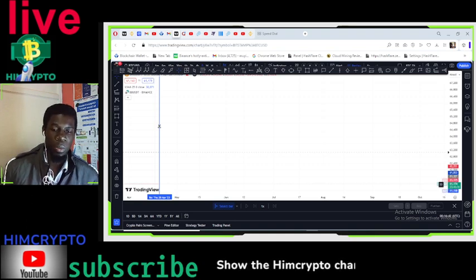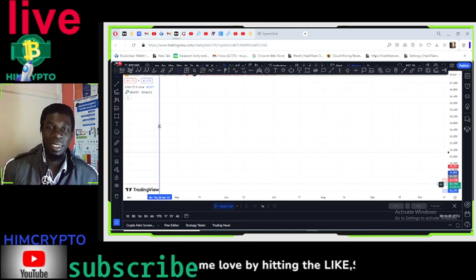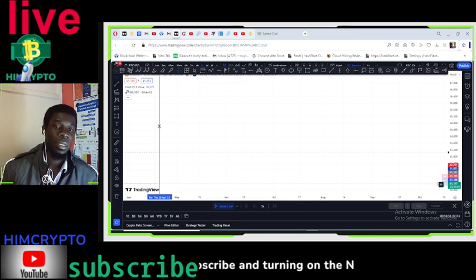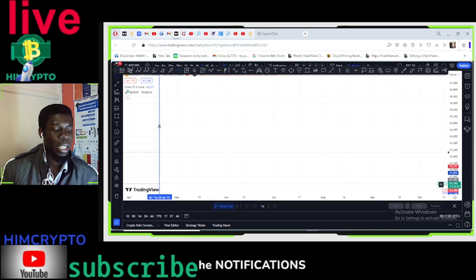When we consider any price action, we look at whether the market is trending or consolidating. It might be in ranges.